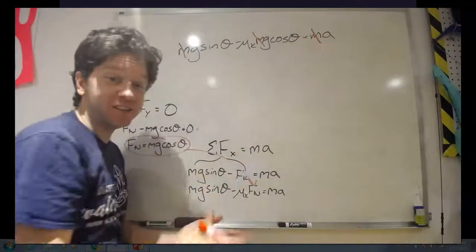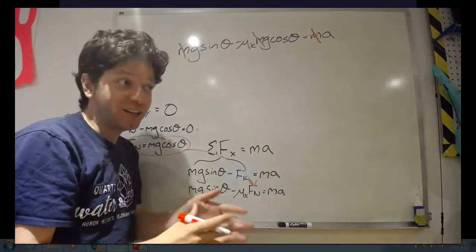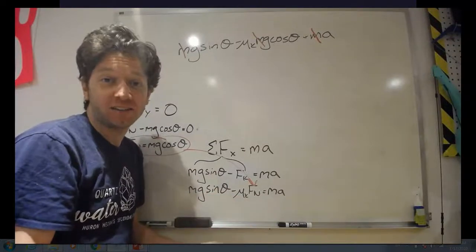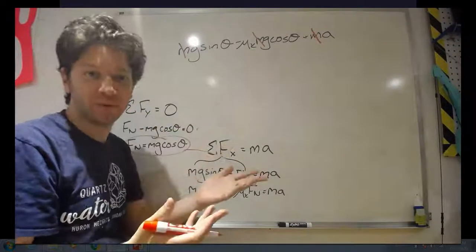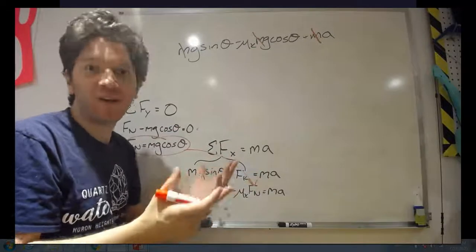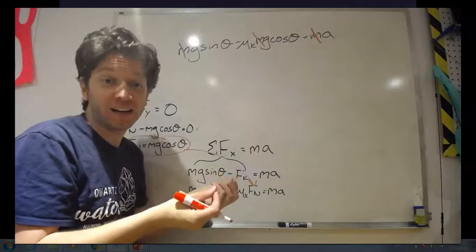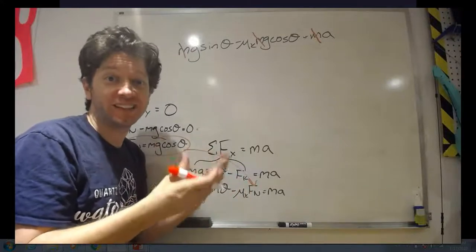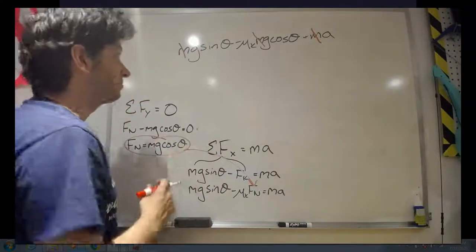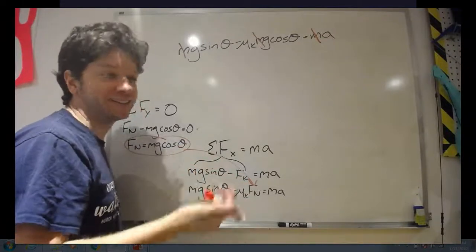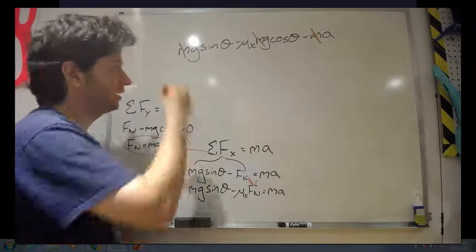So even if there is friction, the object will accelerate at the same rate as any other object, as long as mu k is the same. Obviously, if you have two objects of different materials, they will have a different coefficient of friction, and therefore the acceleration will be different. But if they're the exact same object with simply different masses, they'll accelerate down the ramp at the same rate.